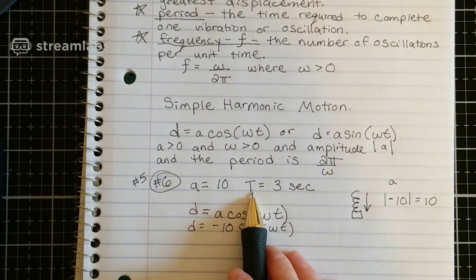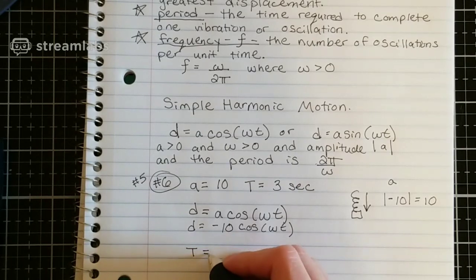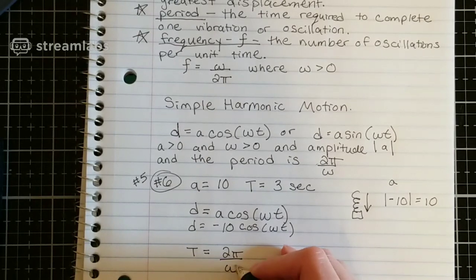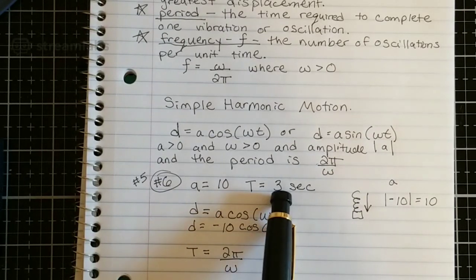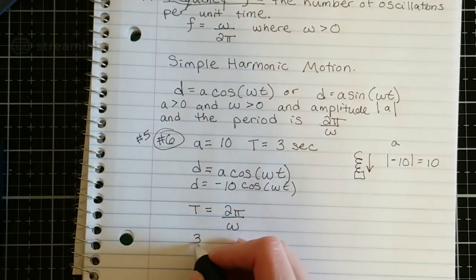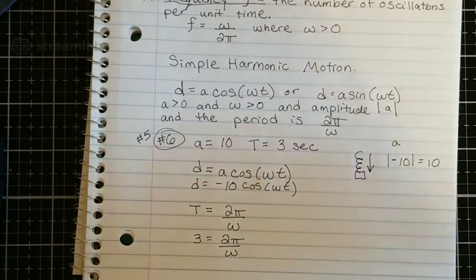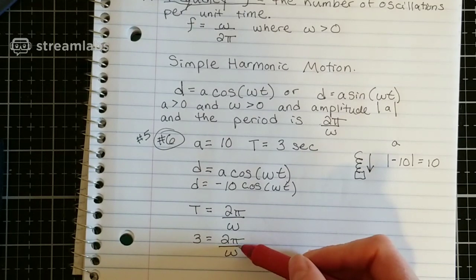All right, now this capital T right here, that is the period. So if you remember, capital T is the definition we use for period, and that's 2 pi over W. Okay, they told us that T was 3, so we're going to plug 3 into our equation here. So now I have that 3 equals 2 pi over W, and I need to solve for W. So to solve for W, I need to get rid of the division, so the opposite of dividing would be multiplying.